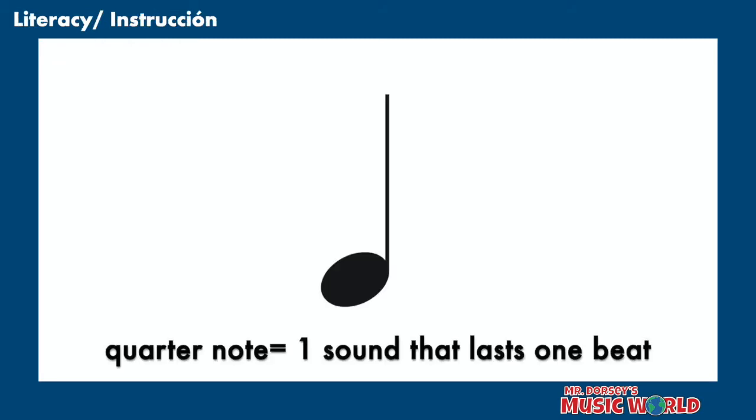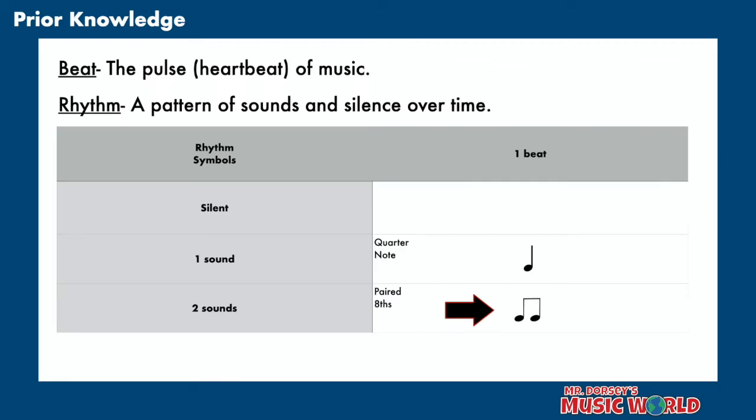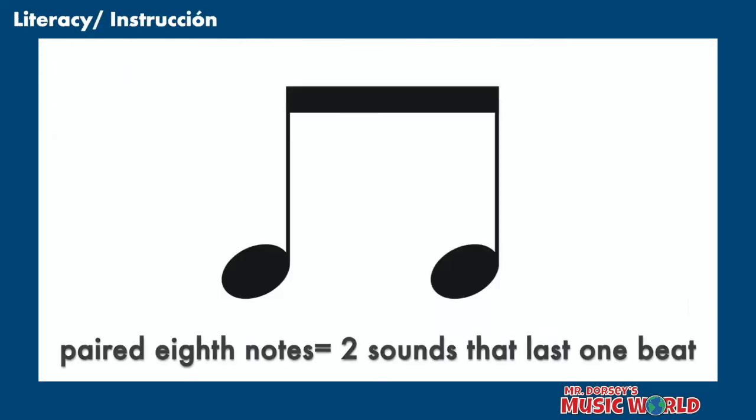As you can see, it has a note head or the circle that tells you that's going to make a sound. And then the stem. When you hear 2 sounds that are only in one beat, those are the paired eighth notes or 2 eighth notes. As you can see, there are 2 note heads, which equals 2 sounds. The stems are connected at the top by a beam.